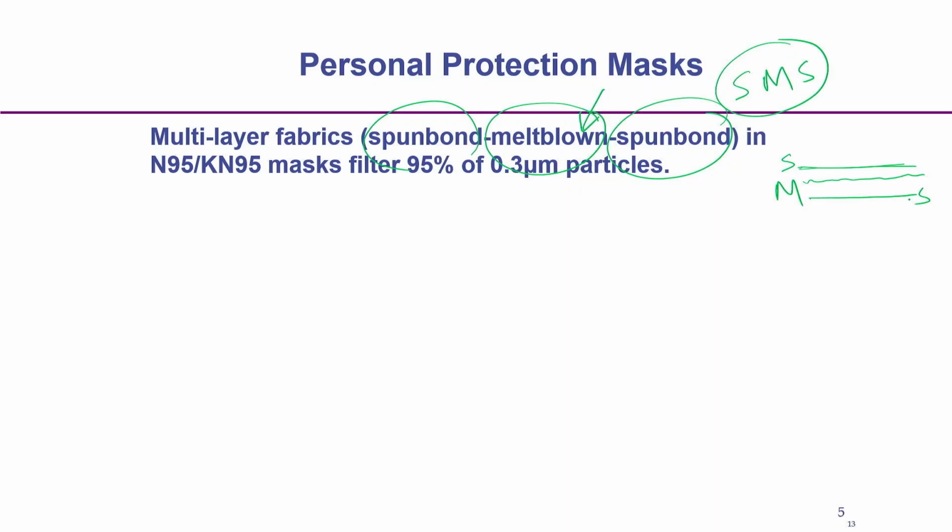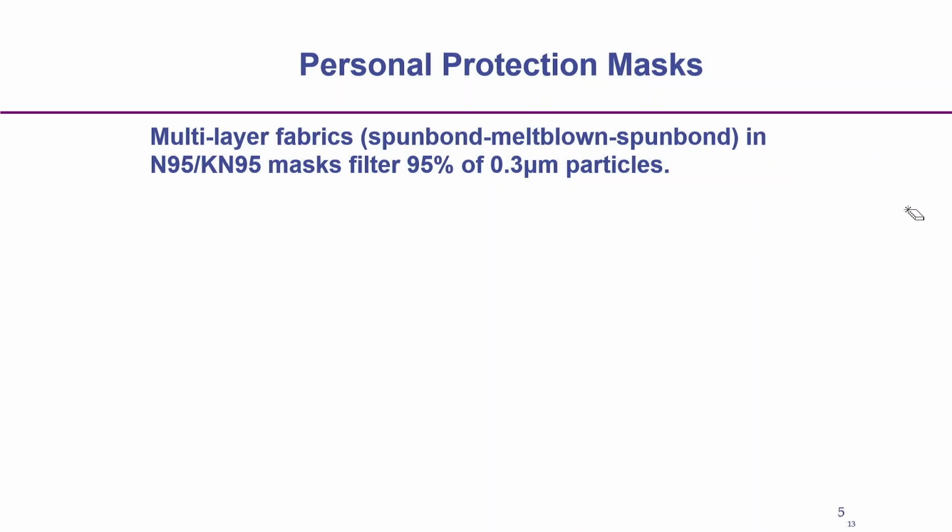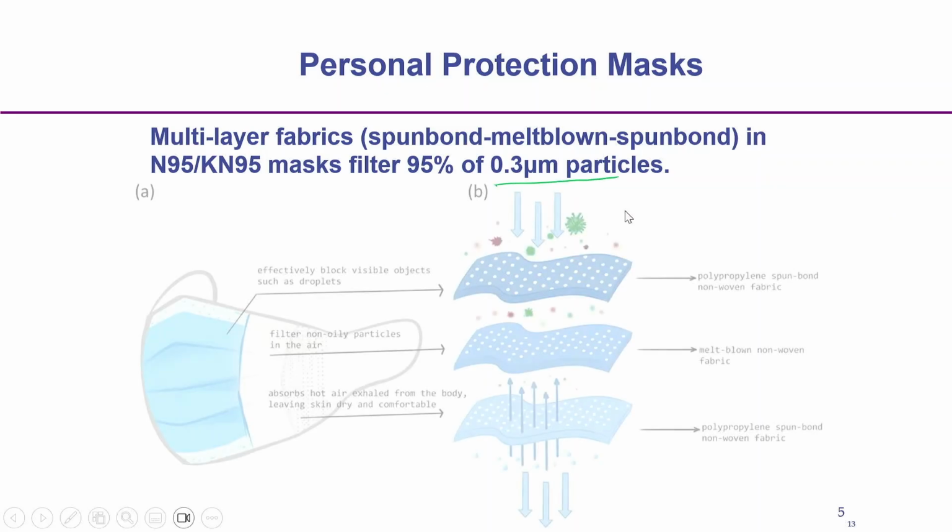So, this type of structure is generated, and commonly used masks like N95, KN95 use it. The filtration efficiency is more than 95% for 0.3 micron particles. So, N95 stands for more than 95% filtration efficiency that we get for 0.3 micron particles, that is the N95 definition here.